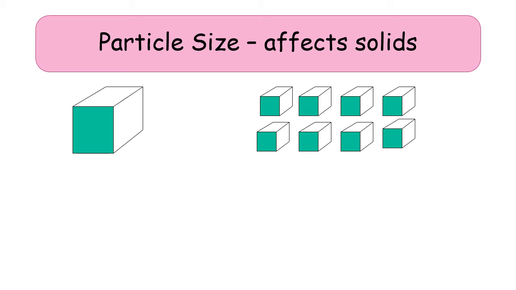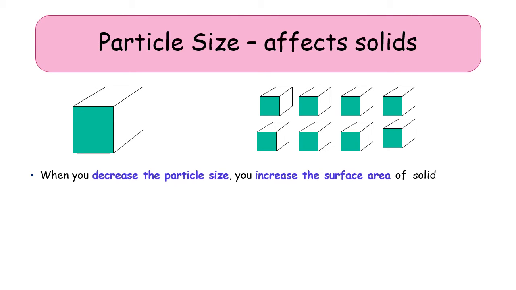So particle size really only affects solids that are reacting with gases or with liquids. When we break apart a solid, we decrease its particle size, and that results in more of the surface of that solid being exposed to other chemicals. So when you decrease particle size, you increase the surface area.